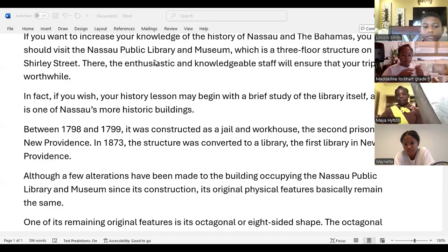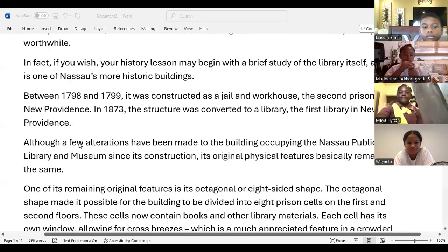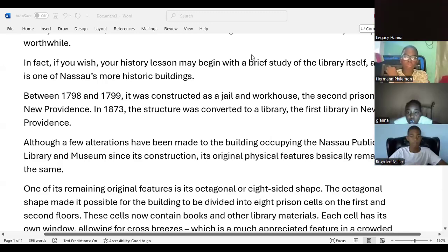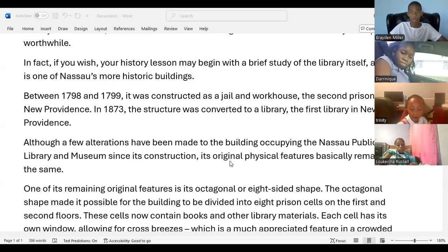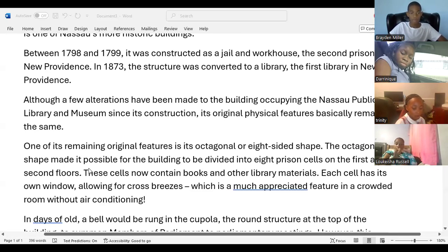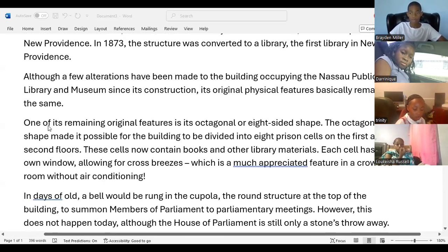Although a few alterations have been made to the building occupying the Nassau Public Library and Museum since its construction, its original physical features basically remain the same.